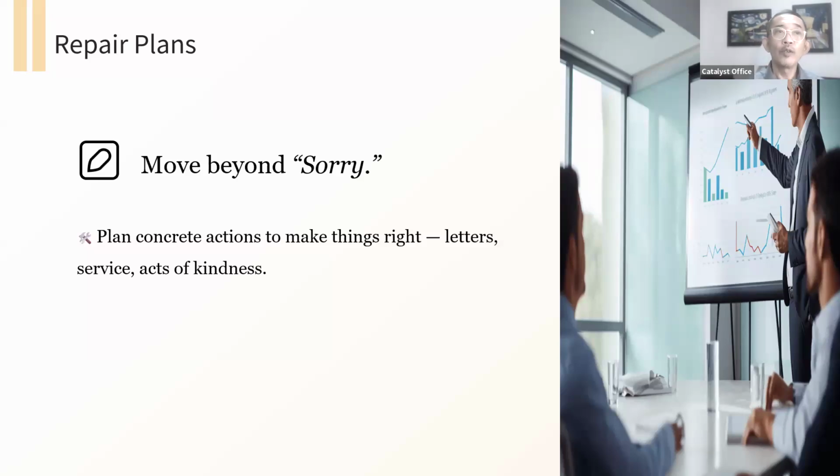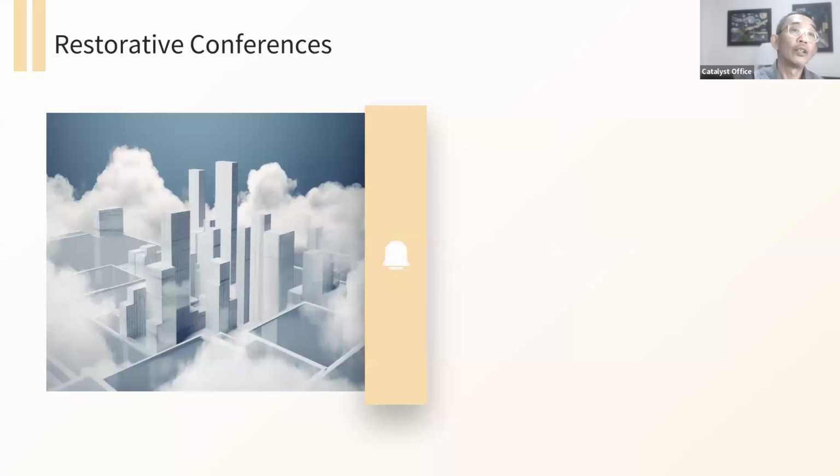Okay. So all of those things go beyond just apologizing because you are attempting to repair the damage that you have done on the person you offended. Okay, so that's what we mean when we say repair plan. All right.